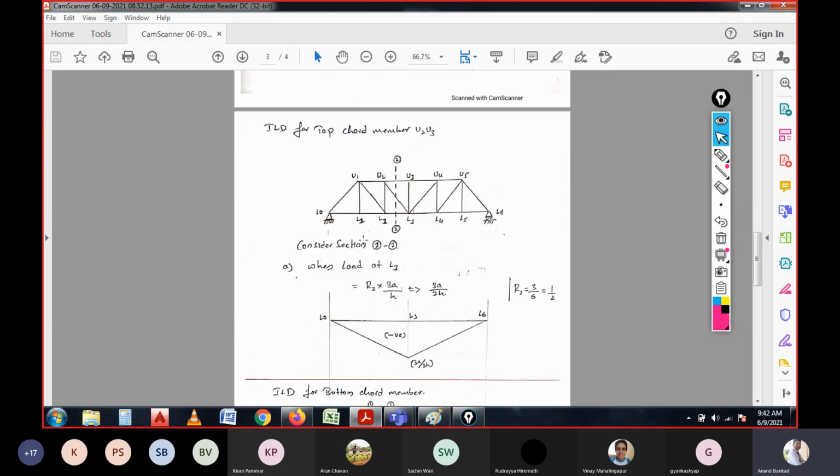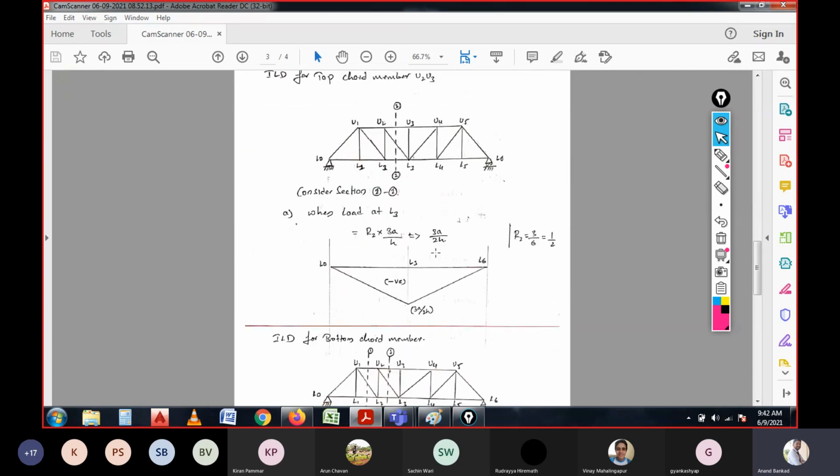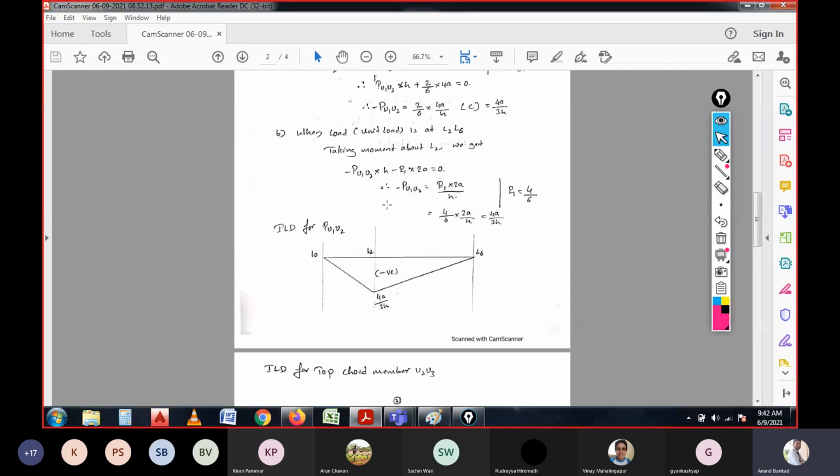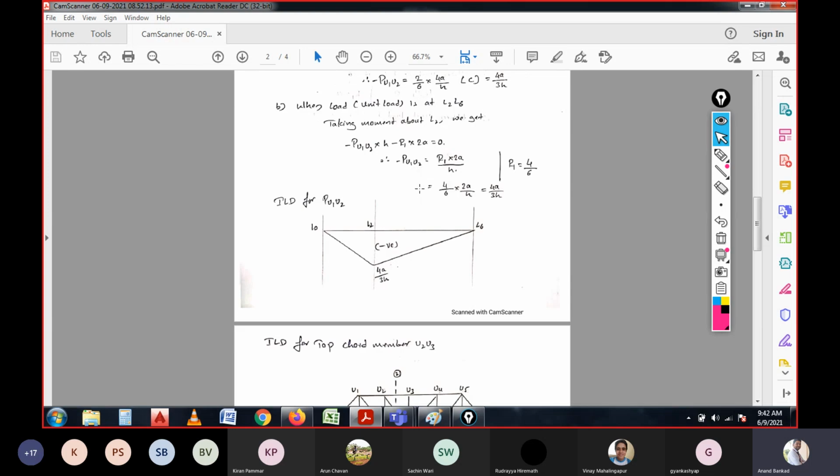Now the same thing if you write for L3, when the load is at L3, just observe this equation. So P U2 U3 will be the equation.